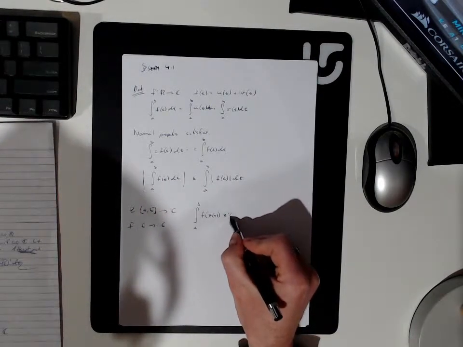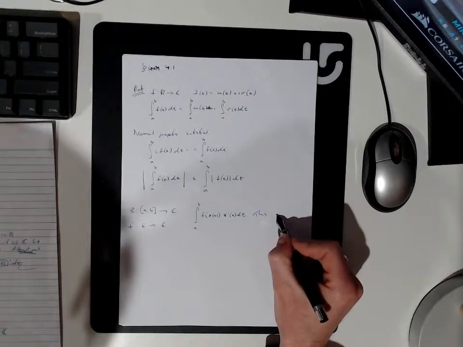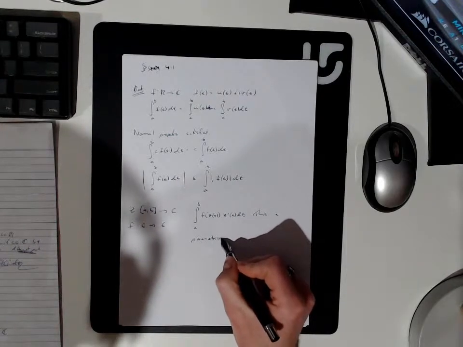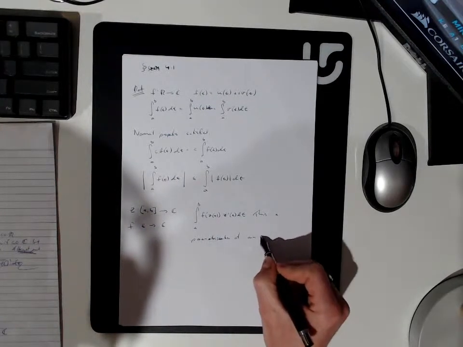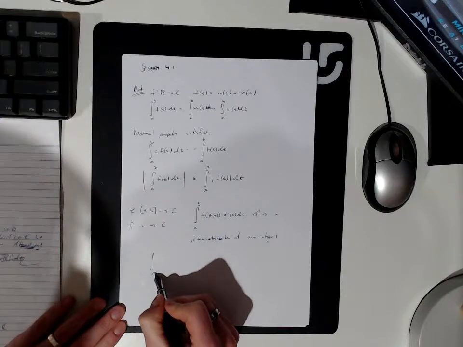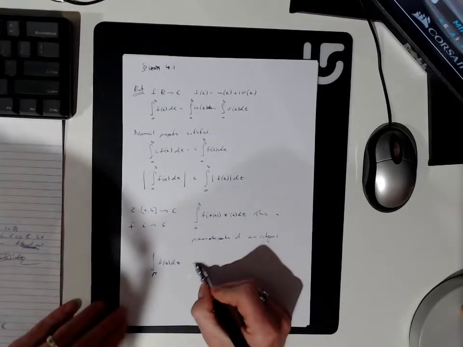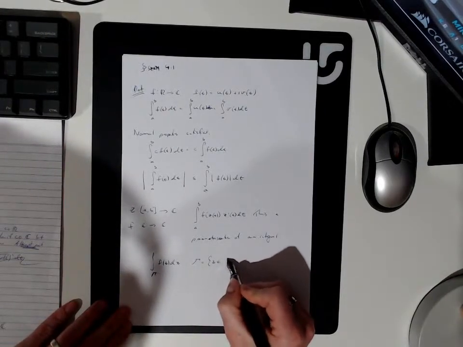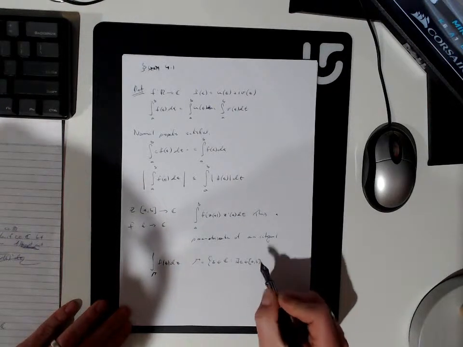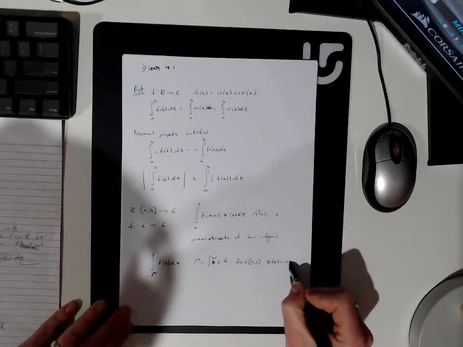Now I'm actually going to put in a z dash of t, and I'll claim that this is a parameterization of an integral, which I will denote with a gamma of f(z) dz, where gamma is the set of z inside the complex numbers such that there exists a t inside [a, b], such that z of t equals w.